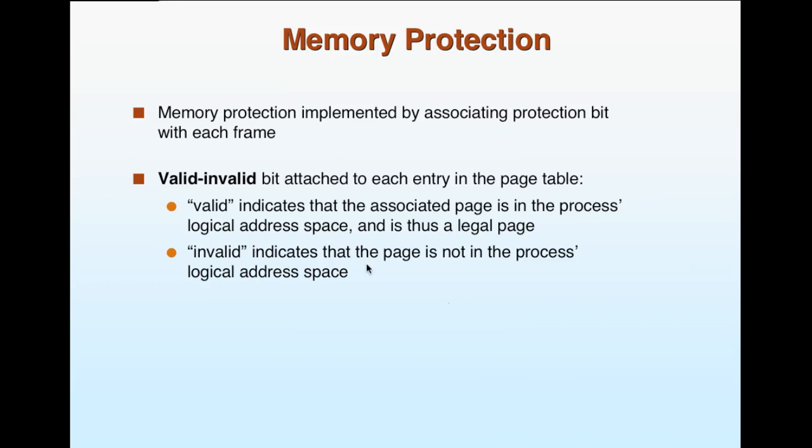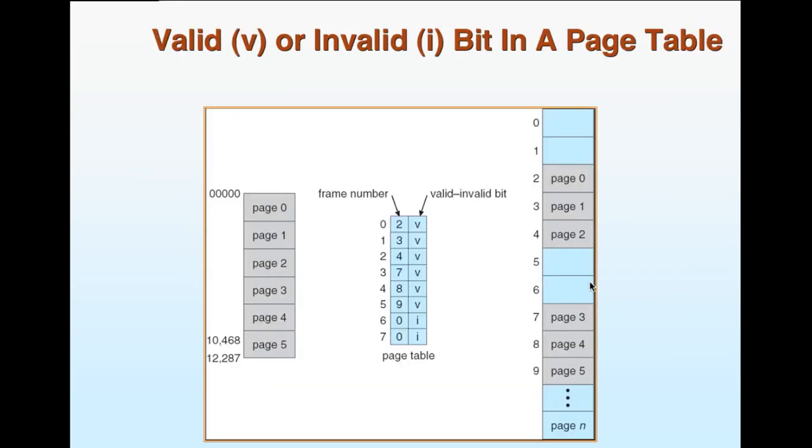An invalid bit indicates that the page is not in that process's logical address space. If it's invalid, it's being used by somebody else. Somebody else loaded it up and is using it because it was sitting there empty, and we don't have any internal fragmentation going on. It wasn't being used, so we're going to make use of it for something else.